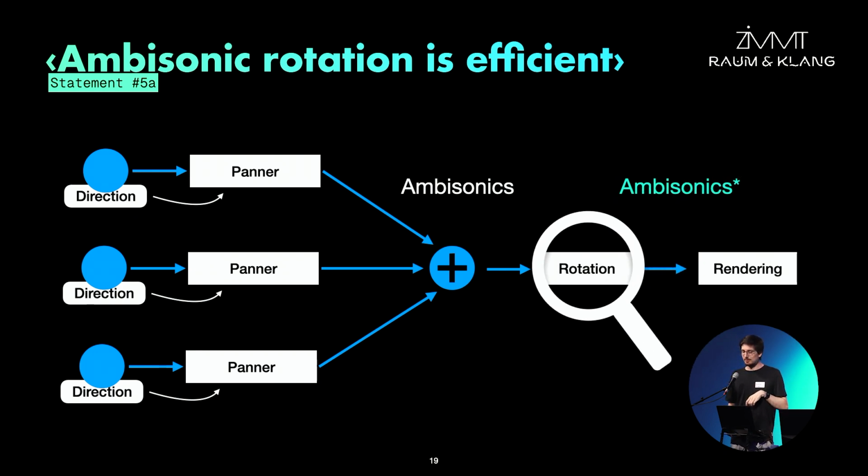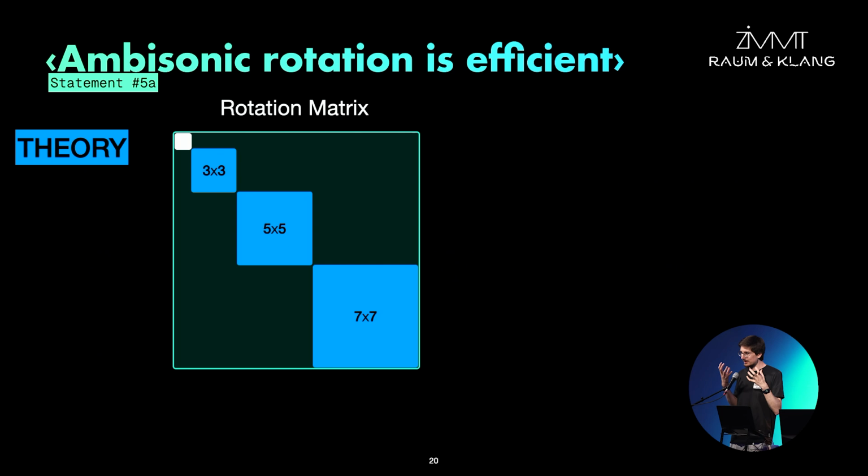But how does a rotation really look like? What's that from a mathematical perspective? It looks quite easy and innocent. It's a rotation matrix. Here it's third order Ambisonics. It's 16 by 16 elements in that matrix, but you see a lot of them are like 0. So we have like sub matrices.